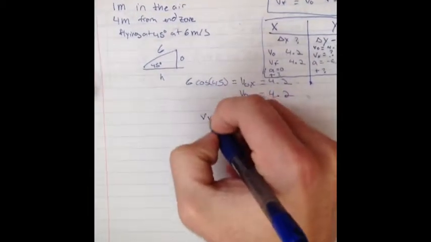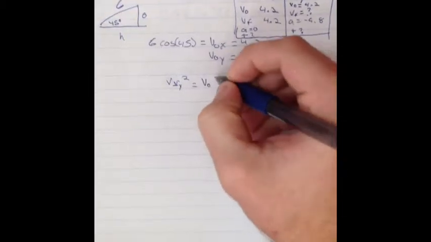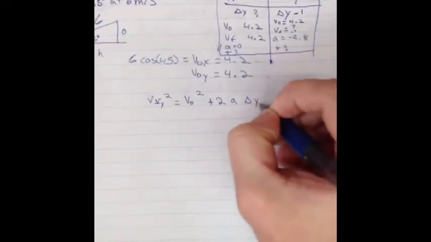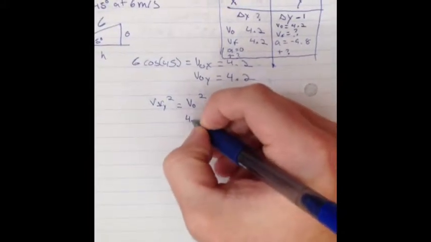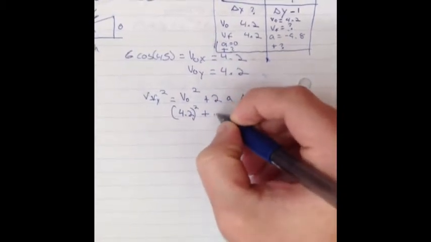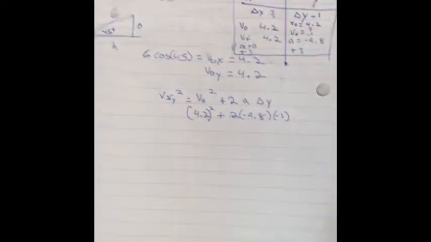So velocity final squared of y equals velocity initial squared plus 2 acceleration delta y. So it's going to be 4.2 squared plus 2 times negative 9.8 times negative 1.